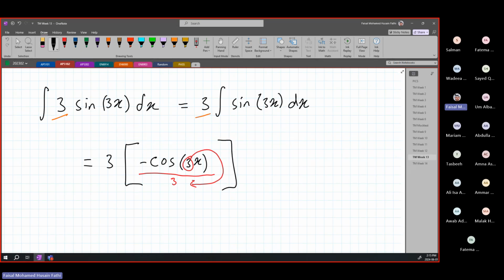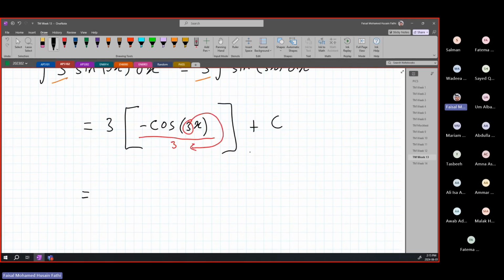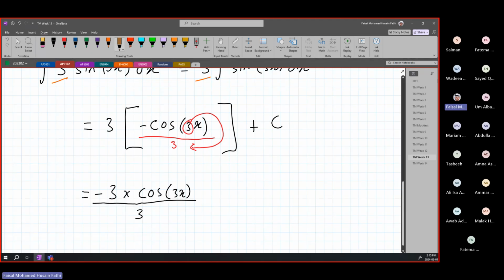And then we're going to have our plus c outside. So in other words, this is going to be equal to 3 times minus cosine 3x all over 3. As you notice, the 3 and 3 will cancel again, and this will be minus cosine of 3x plus c.